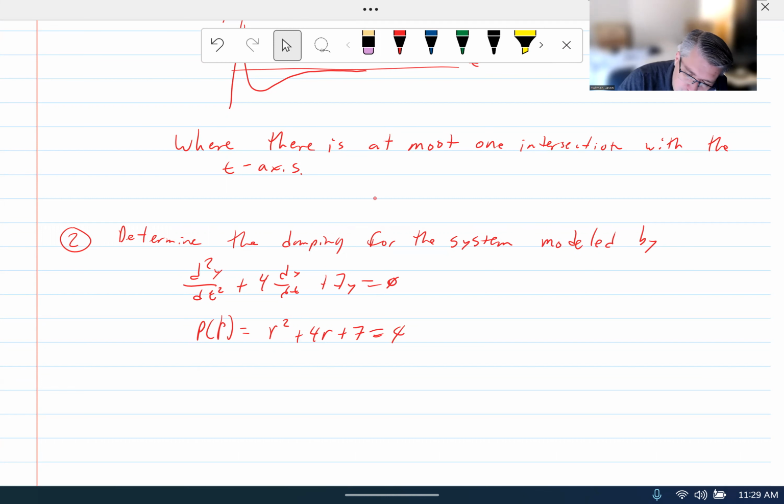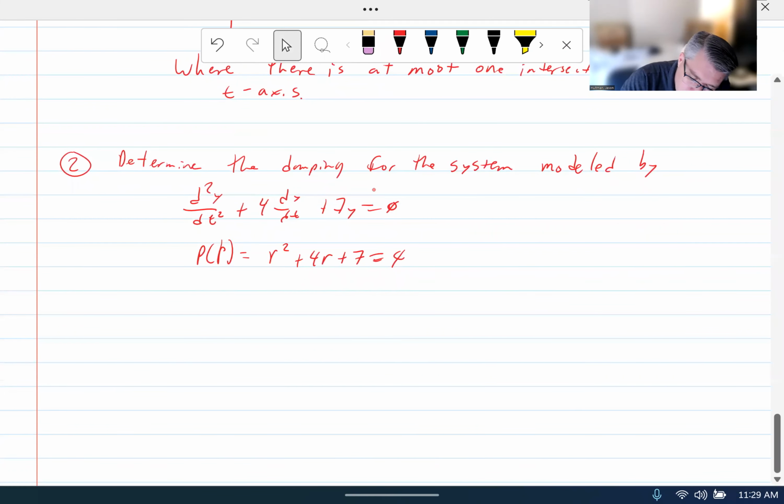That doesn't factor, so we'll have to use the quadratic formula. r equals negative 4 plus or minus the square root of 4 squared minus 4 times 1 times 7, all over 2 times 1, equal to negative 4 plus or minus the square root of 16 minus 28, all over 2.